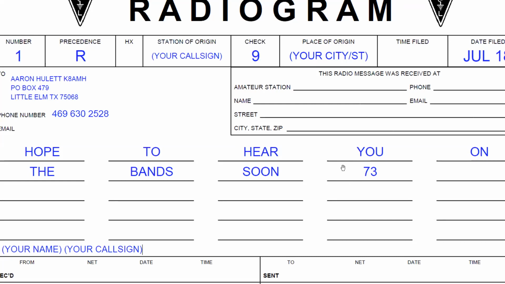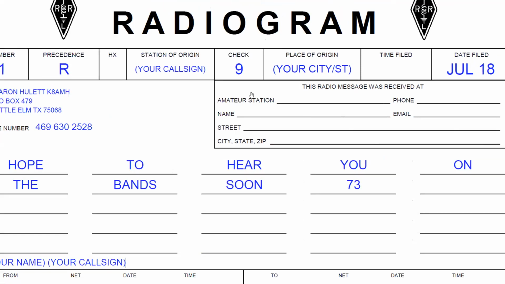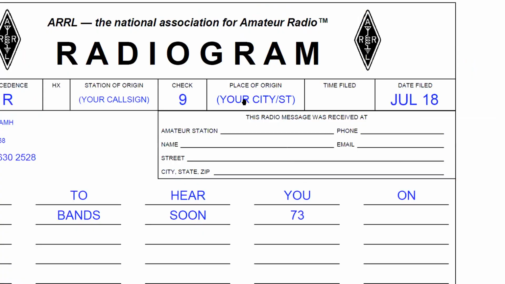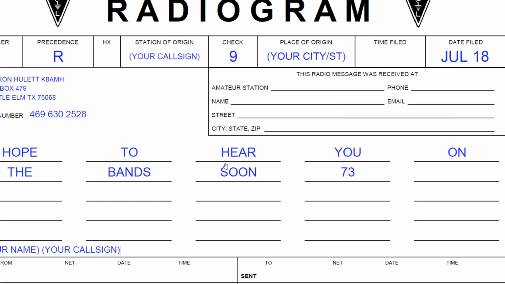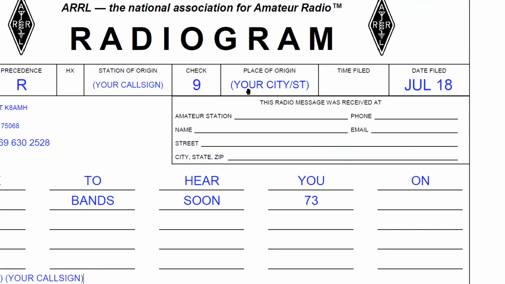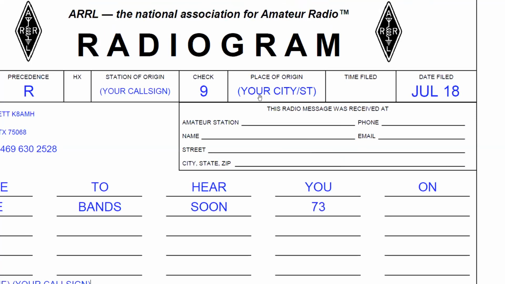Another question: what's the rationale for place of origin? So again, this is the location of whoever authored this text. This is so that we know where the message came from.